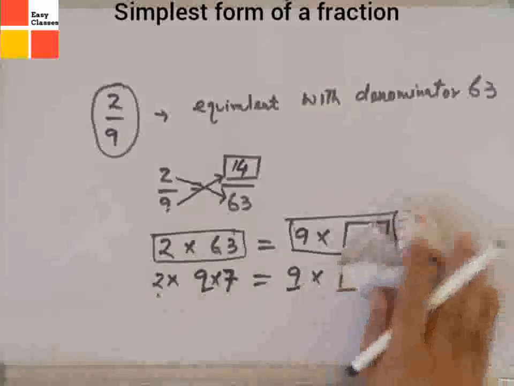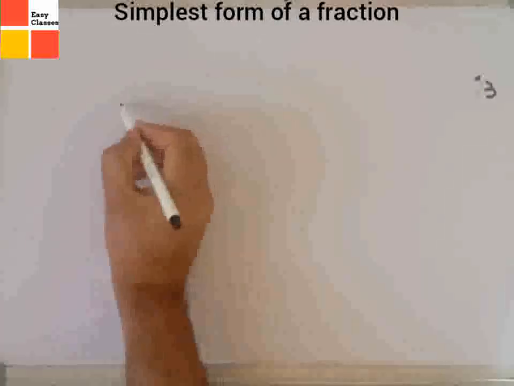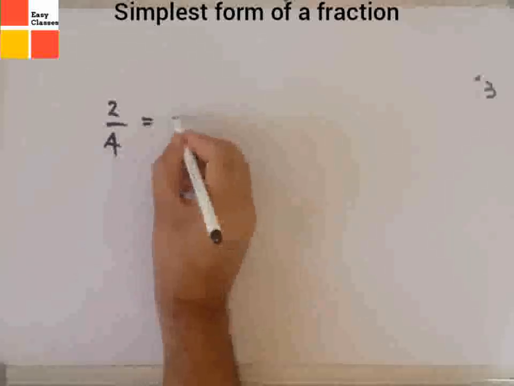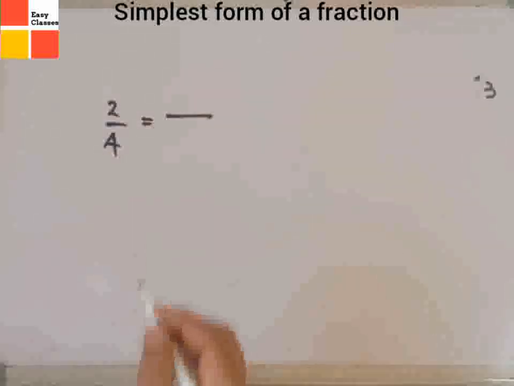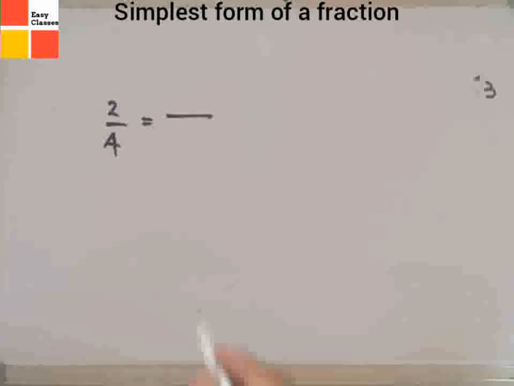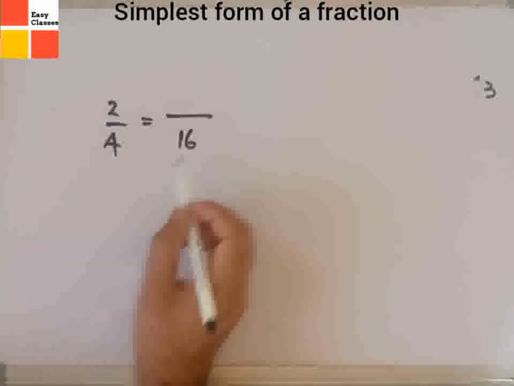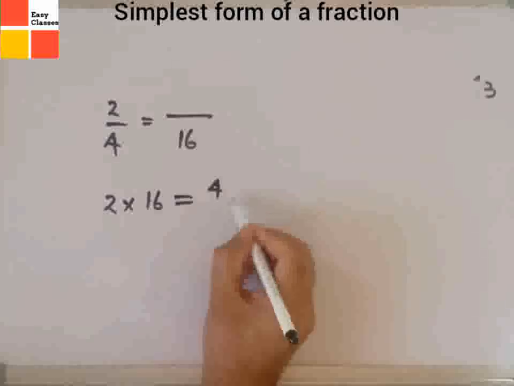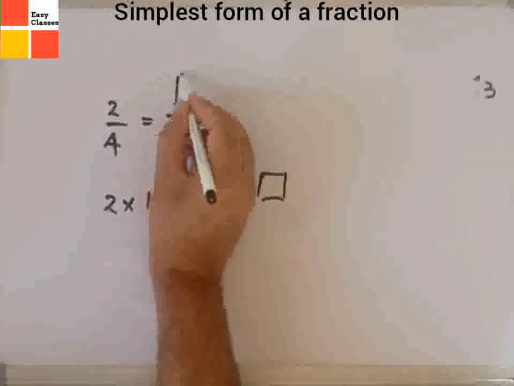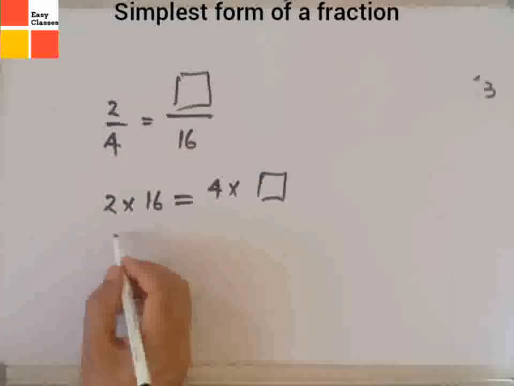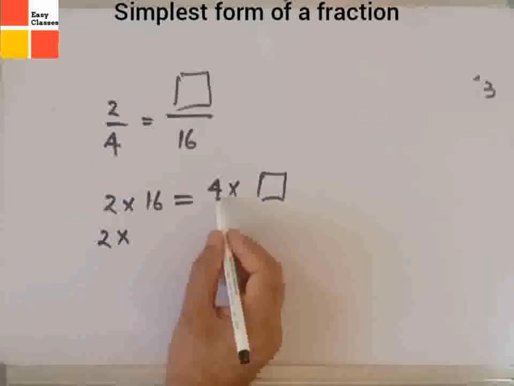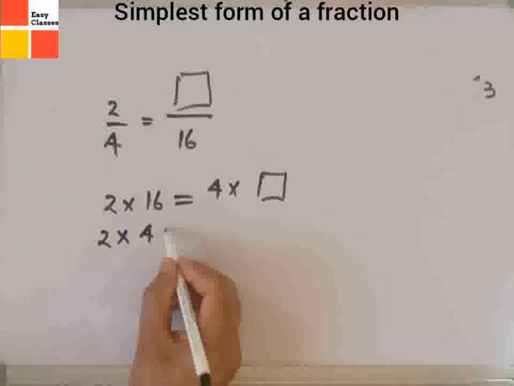Let me take another example. We have to find the equivalent fraction of this, whose denominator is 16. So what you have to do, you have to multiply these two. 2 into 16 will be equal to 4 into this. Then try reducing this. 4 4s are 16.